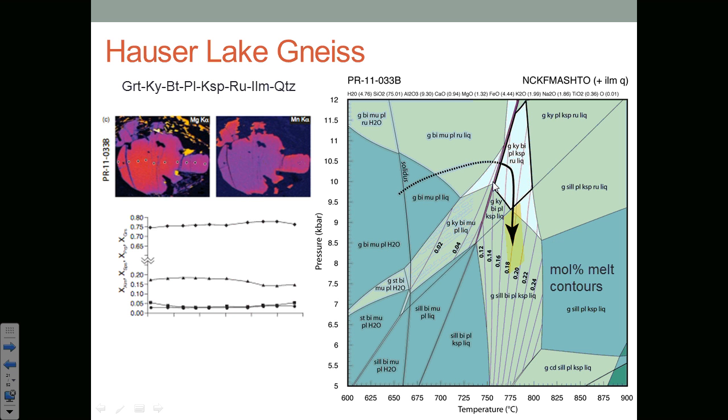And then we do this metamorphic phase equilibrium modeling to look at the pressure-temperature history, in other words, where in the crust it was when it was metamorphosed. We can also model how much melt that rock would have had. In this case, we estimate the amount of melting it's undergone is just under 20%.